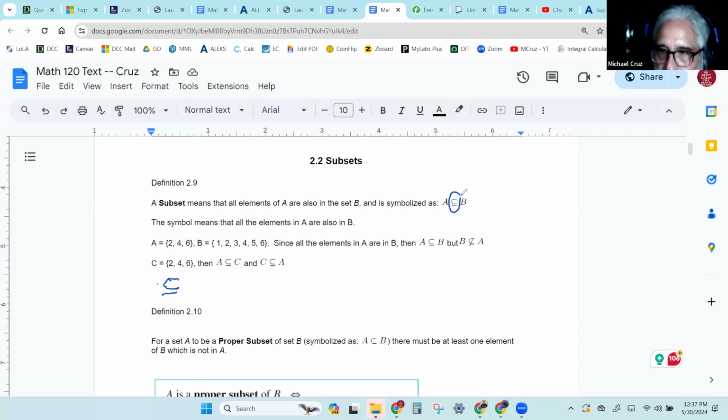It's like I kicked over a U with a line underneath it. And just like an inequality, that line underneath means that equality is possible. I'll show you what I'm talking about. So this right here means is a subset.